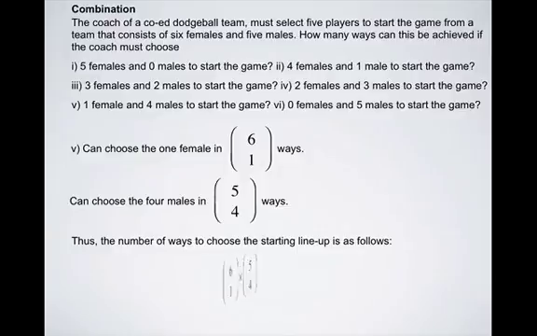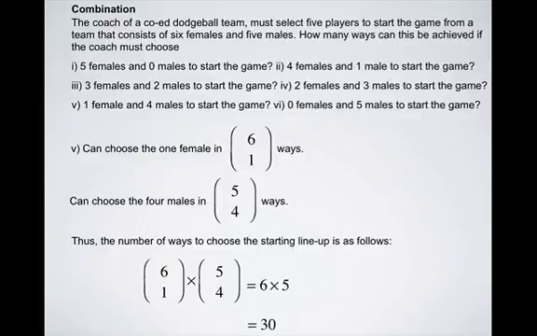So the number of ways we could have a starting lineup is 6 choose 1 times 5 choose 4. And this works out to be 6 times 5, which is 30. And the 5 here makes sense because 5 choose 4. Well, you've got 5 males, and you're going to leave one of them out for every lineup. So there's going to be 5 ways that you could leave one of the 5 males out.